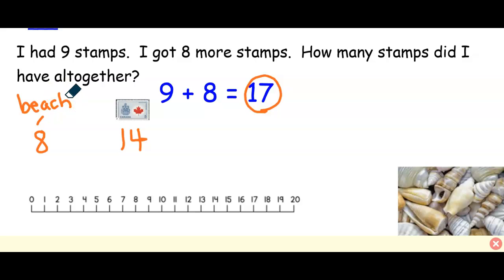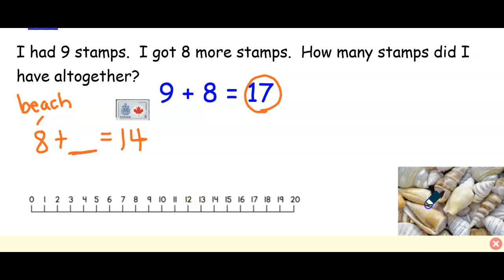How many children are gathering shells in the water? So 8 on the beach and 14 altogether. This is my missing part. If I know that number, then I'll know how many children are gathering shells in the water. So once I know what my numbers are and what they mean, I can figure out my problem.